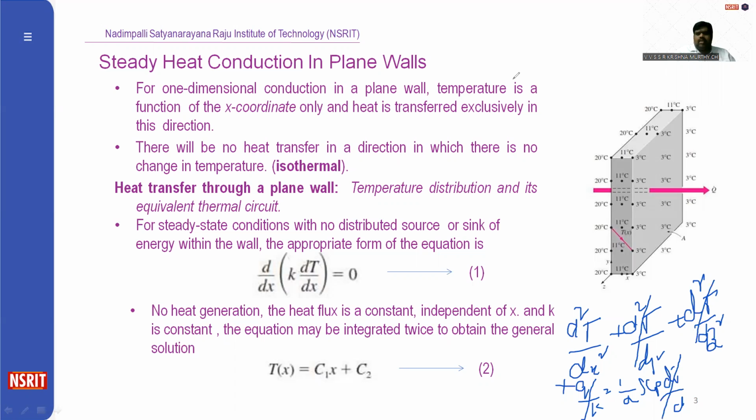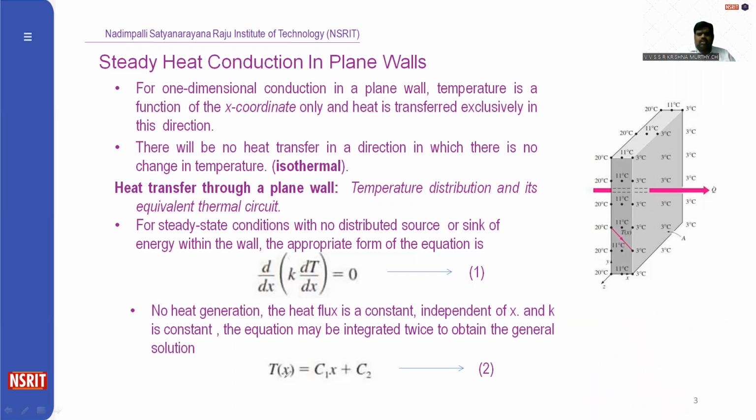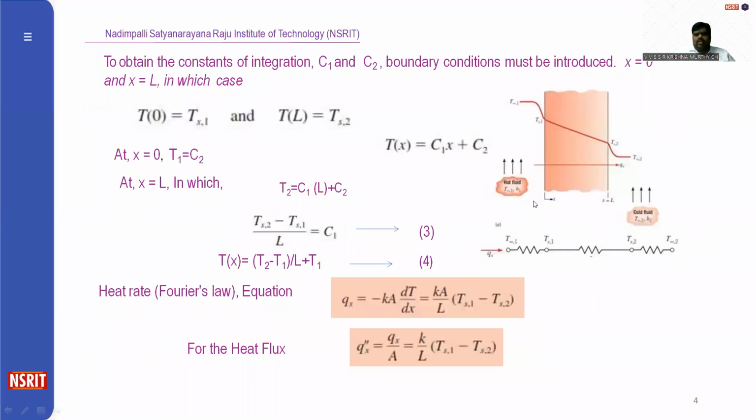When I integrate this equation twice, I get T of x is equal to C1 x plus C2. Now I have to determine the constants C1 and C2. So I take the boundary conditions: initially, at thickness 0, the temperature is Ts1, and at a particular length L, the temperature is assumed to be Ts2.